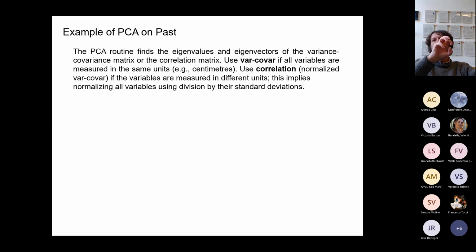I suggest to always use the correlation matrix, so to always standardize your data, because in any case, standardizing data does not alter the configuration, and is better than the original kind of information that you input.